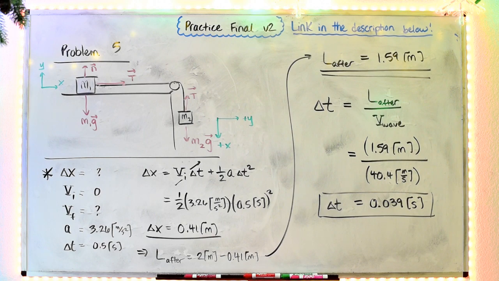So once you realize that the length of the string shortens by a certain amount, which is determined by the displacement of mass 1 in that half a second time interval, then you can say, here's my new length of the string, and here's how long the pulse will take to travel that new length. So there's a little bit of kinematics involved with that. Beyond that, it wasn't too bad, but that's probably the most easy thing to miss there.